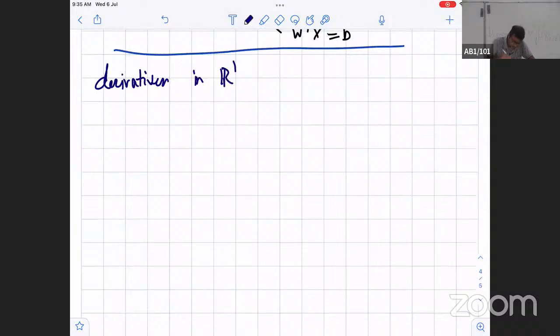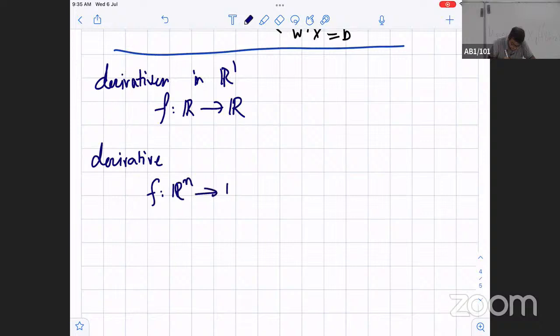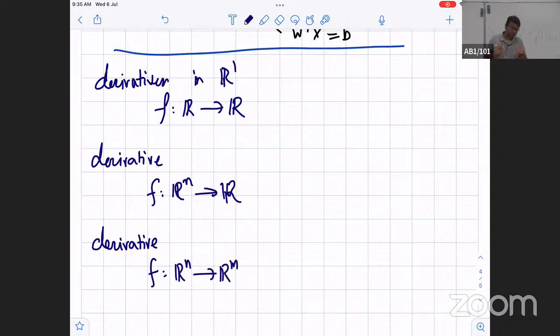If there is a function from R to R, what is the derivative? That's goal number 1. Then derivatives for functions where f is a function from Rn to R. And then the case where f is a function from Rn to Rm. First is to study what the derivatives are, and how you do differentiation for these types of functions.